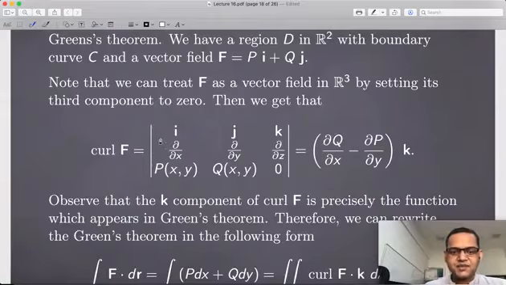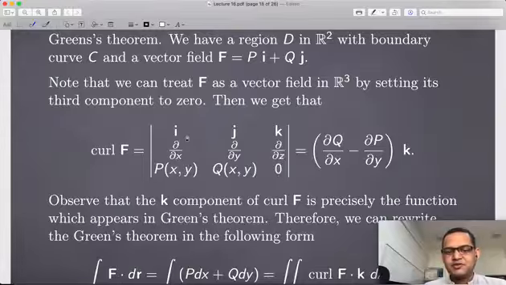So what is this? I can think of the vector field as a vector field in R3 and compute the curl, correct? If you do that, you notice here that these two guys are just functions of x and y. So when I take the del by del z, I am going to get 0, and you see this is also 0.